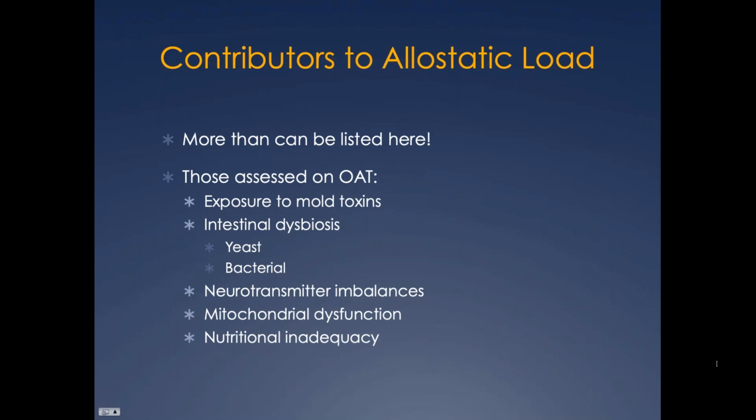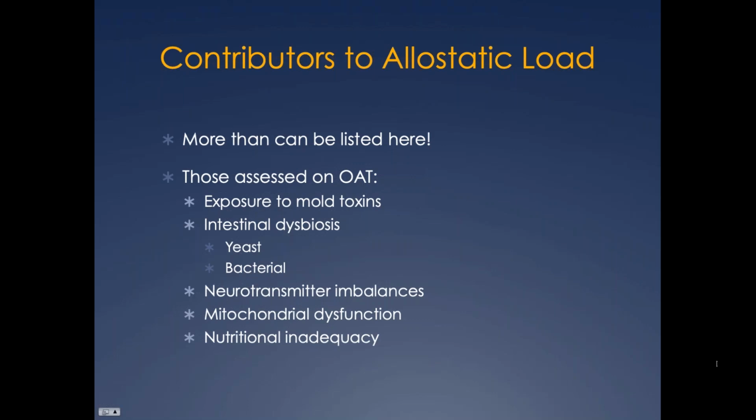There are a lot of contributors to allostatic load, really more than we can list here on this one page. If you attended the webinar last week, there was that whole page that I put up with all of the potential causes of dysbiosis, and it was 2 columns, and that didn't even encompass the totality of what could contribute. Similar sort of thing here.